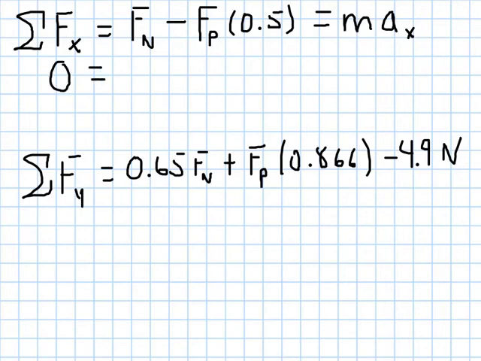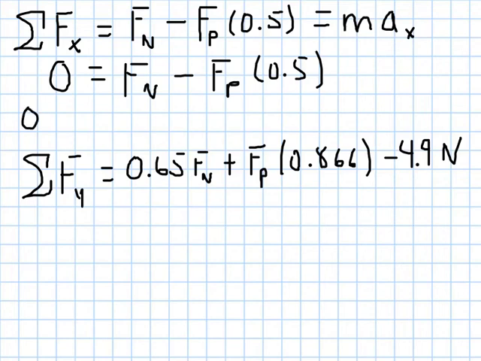So 0 is equal to the normal force minus the pushing force times 0.5. I can add the pushing force times 0.5 to each side, and that will give me 0.5 times the force of the push is equal to the normal force.